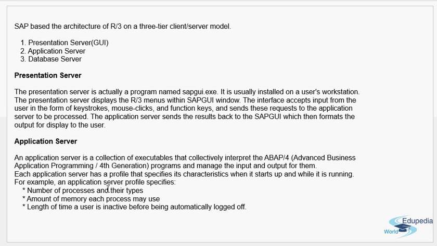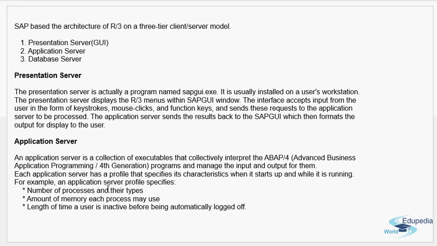It has a collection of executables to interpret these ABAP language programs. Each application server has a profile of its own, which specifies its characteristics when it starts up and is running. Some profile parameters are how many processes it has, how much memory it has, etc.